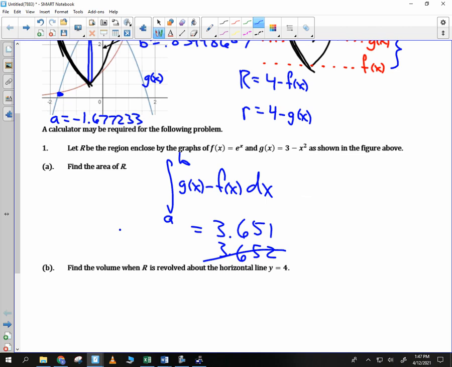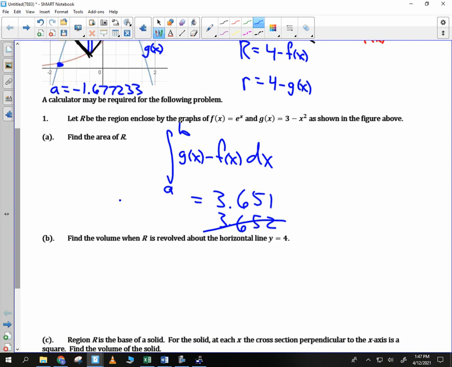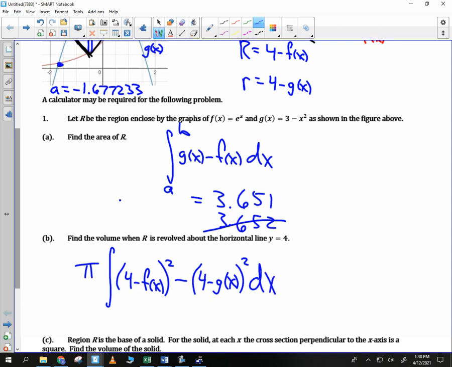So therefore, if you want to find the volume, pi times the integral of big R squared, or 4 minus f of x squared, minus little r squared, or 4 minus g of x squared dx.